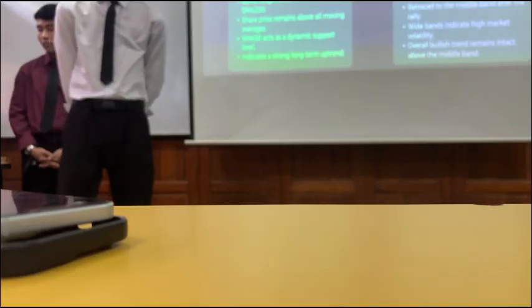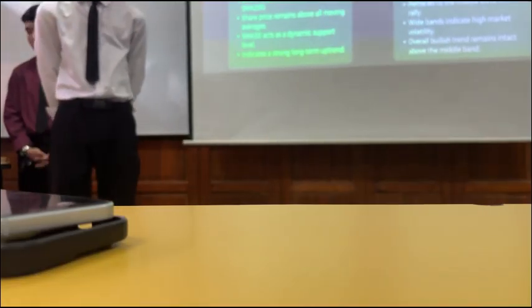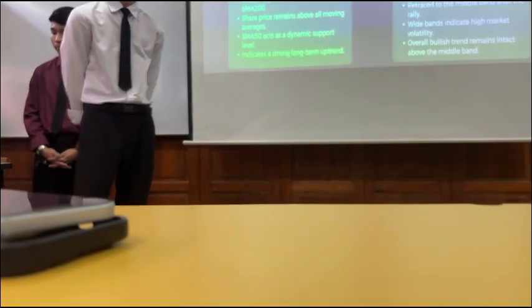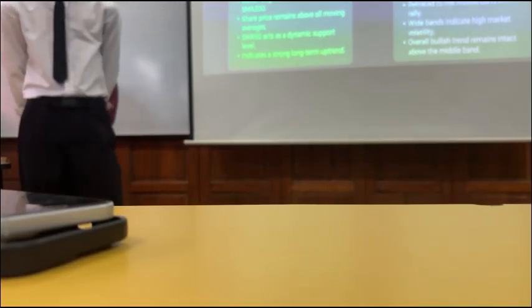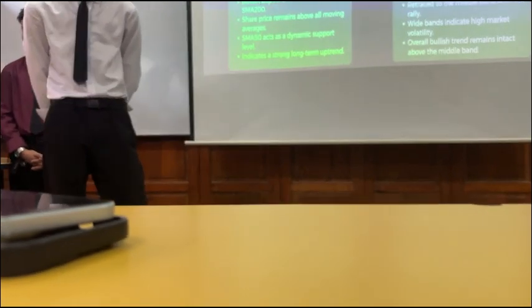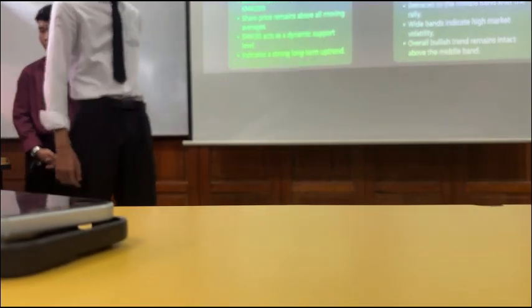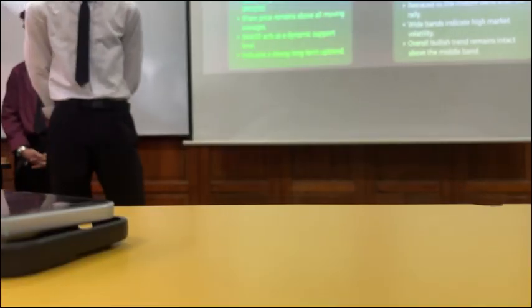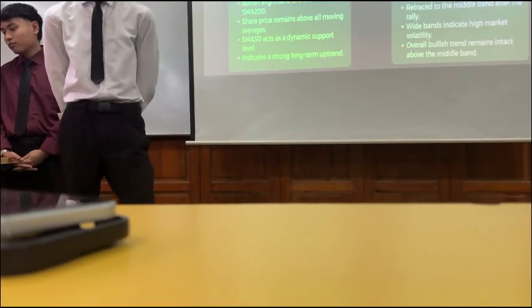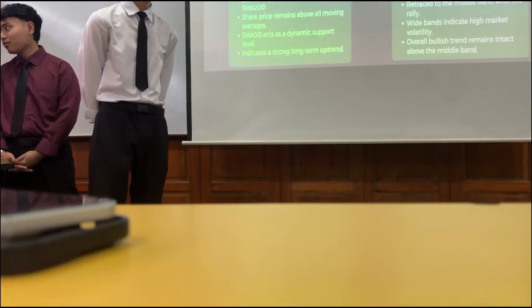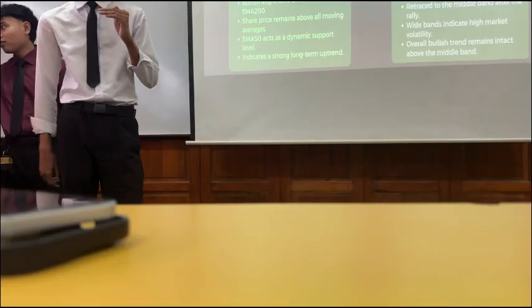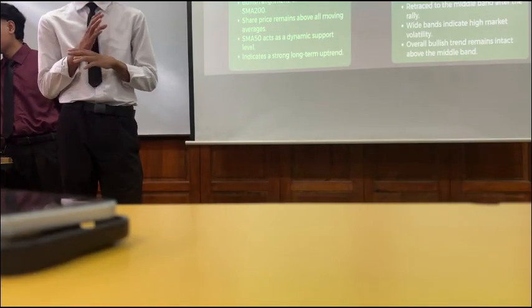Okay, 100 and 200 below, also below. So it indicates what? Primary trend. Primary trend, uptrend, because the 100 and 200 are below the price.